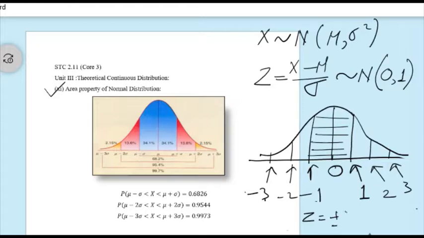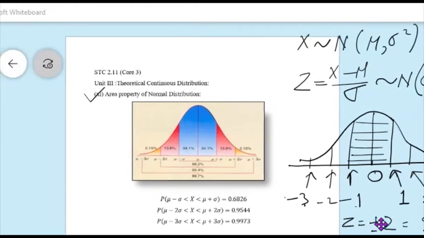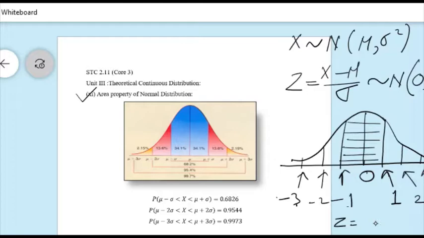If it is plus or minus 2, 95.44%, and if it is 3, then it is 99.73%. Area will be same, but the values of mu and sigma will be different.